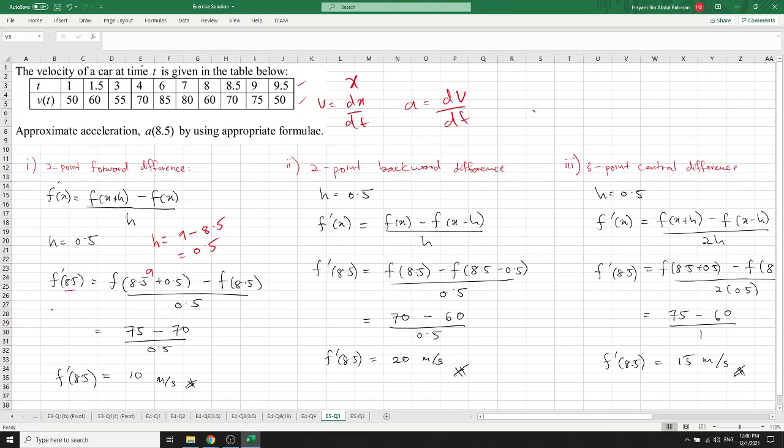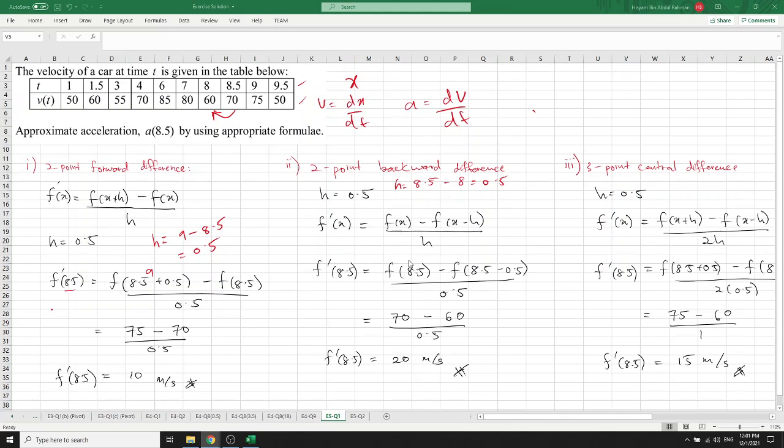First of all, we need to find h. Same as before, 8.5 minus 8, so it becomes 0.5. Then we rewrite the equation. Backward means behind, just before the point. For now it is 8.5, so before is 8. So f(x) minus f(x minus h), divided by h.